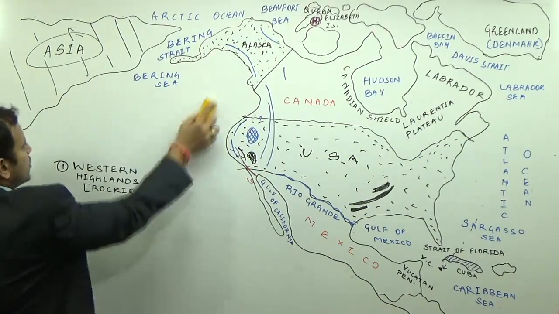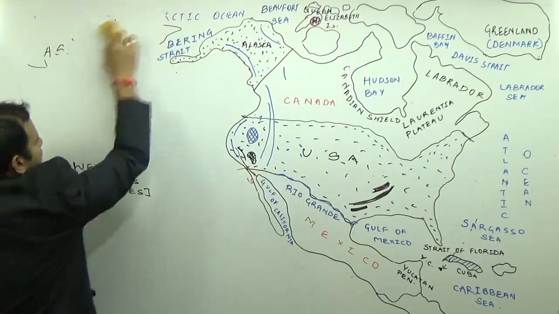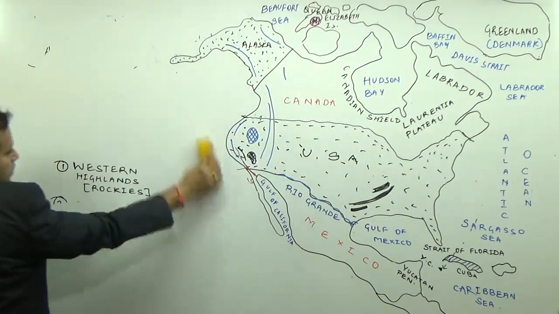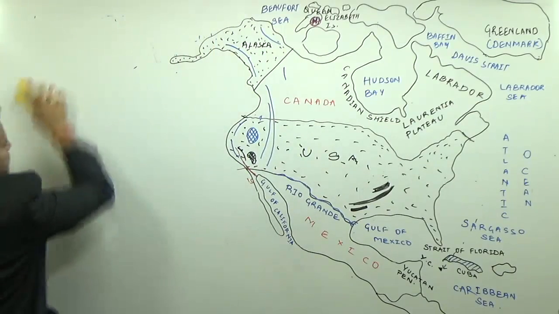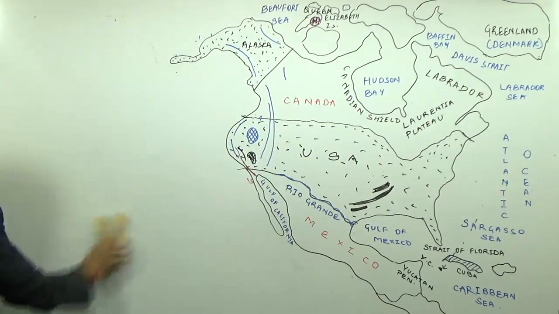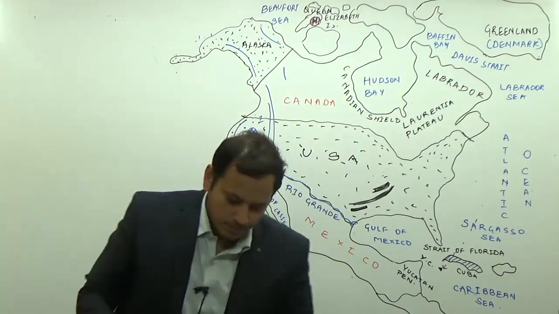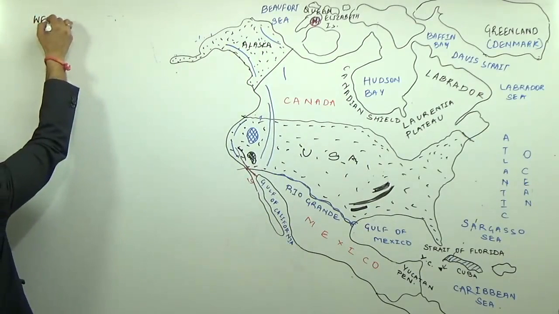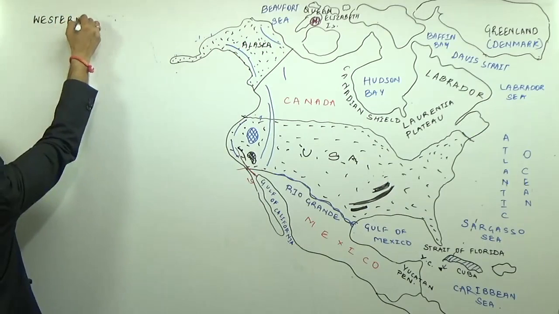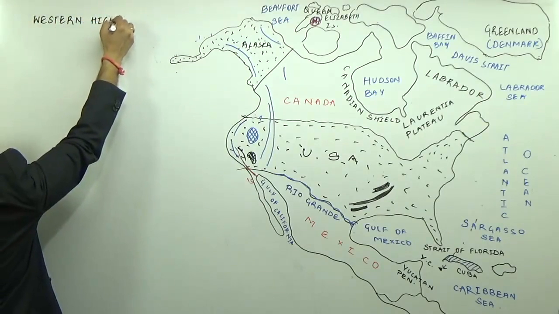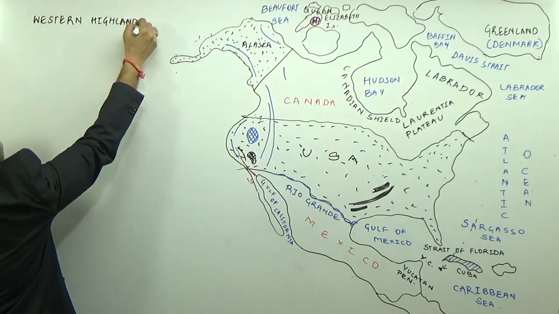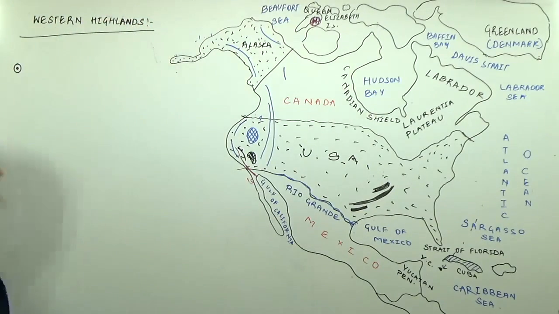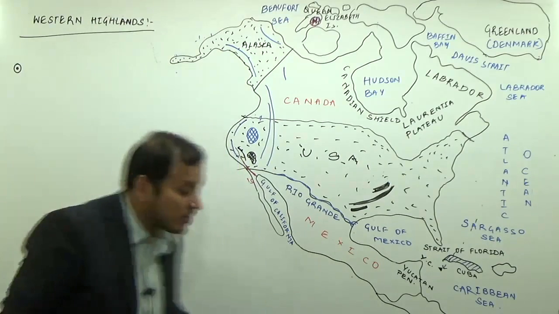I will rub the Pacific Ocean, Bering Strait, Asia, Arctic Ocean, etc. These are commonly known as Rockies.